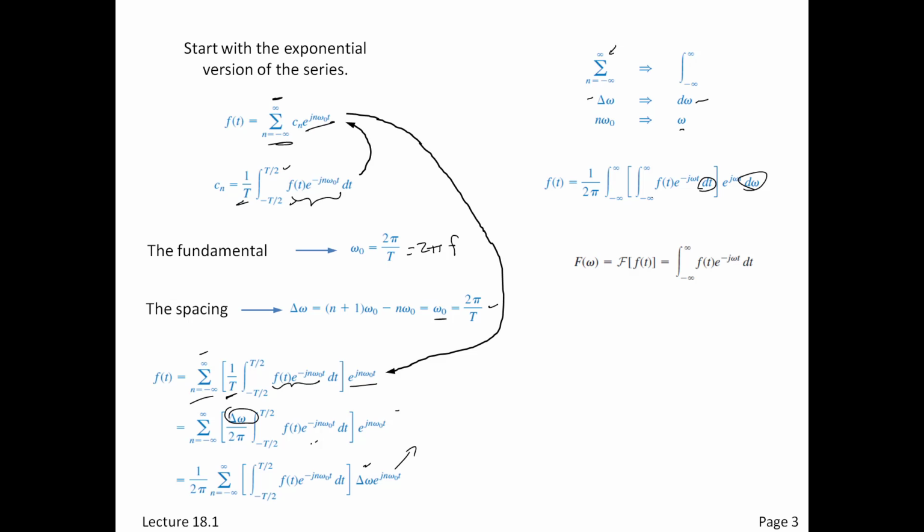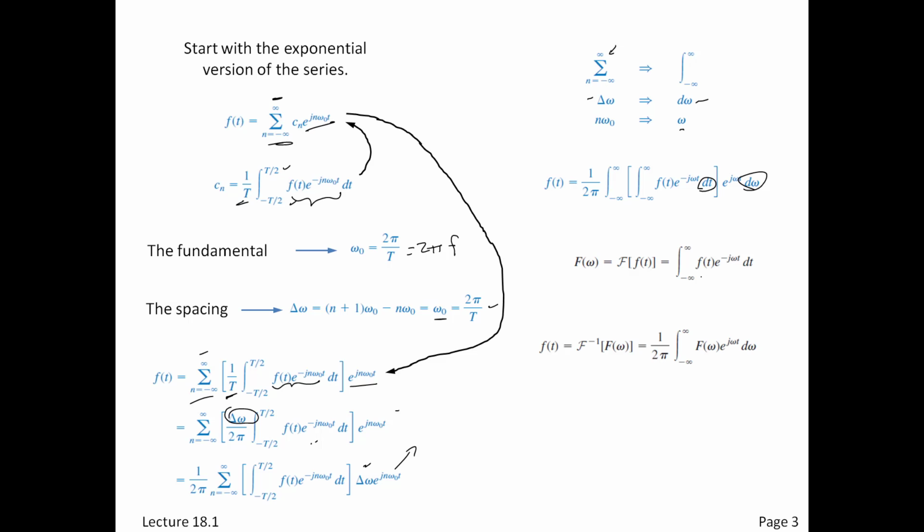On doing that, we end up with a Fourier in the frequency domain, F of omega, which is just an integral over t.